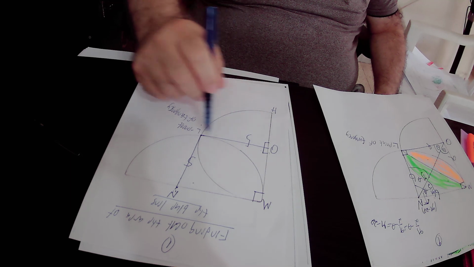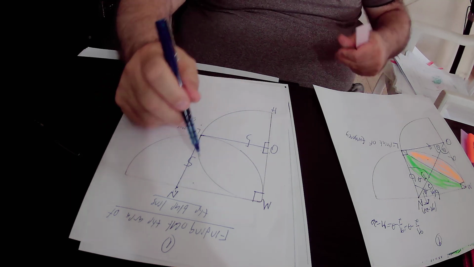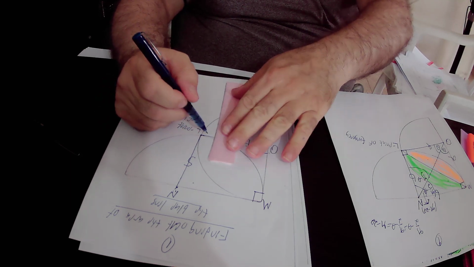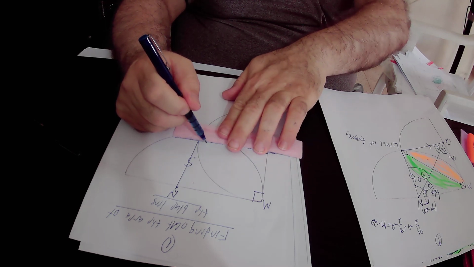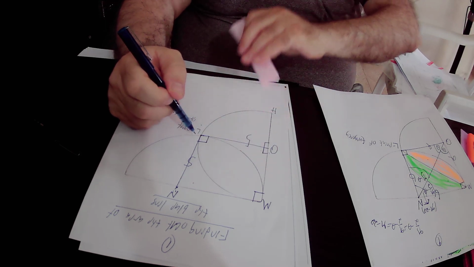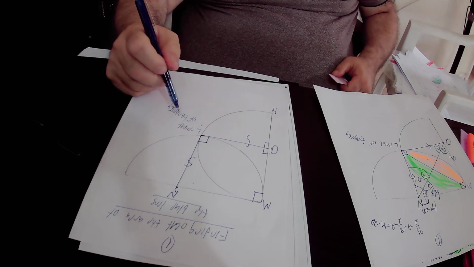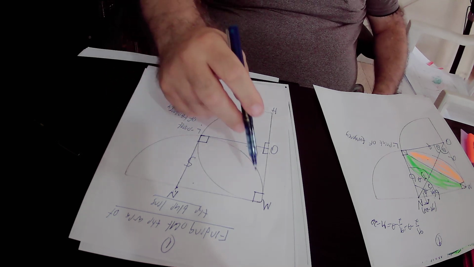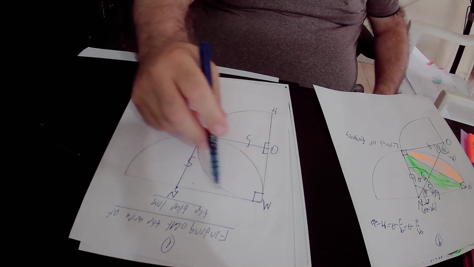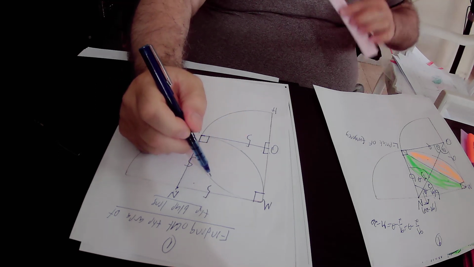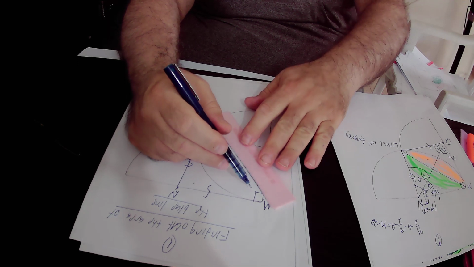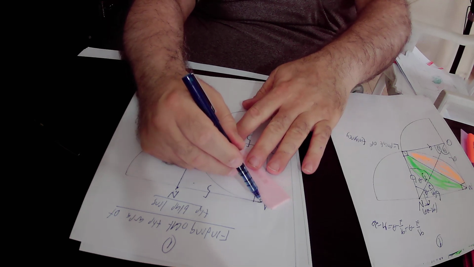So if OL is perpendicular to LN, this angle equals 90 degrees. Here, MN is the radius of this semicircle, equal to 5 units. We join points M and L together by a straight line.